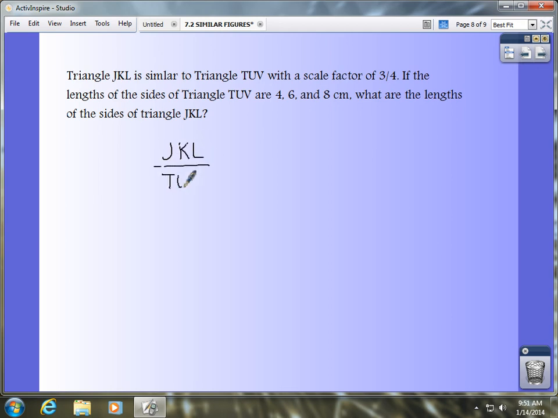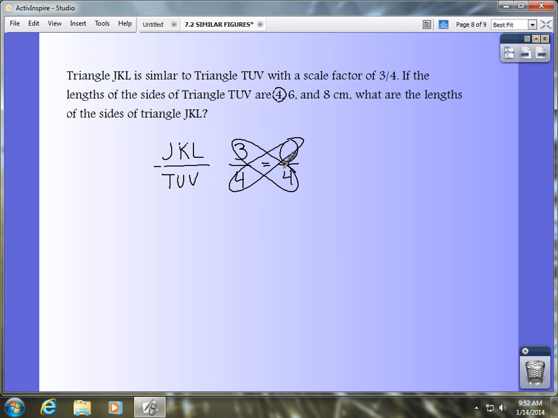Okay, so that means if I set up my proportions with my sides, my first side is 4. I want to find the corresponding side for JKL. 4 times what equals 3 times 4? Well, that's kind of obvious. It would be 3. So that's my corresponding side there.